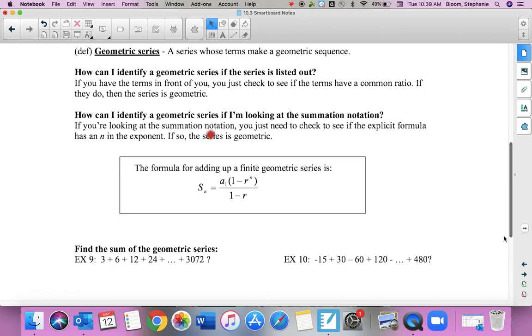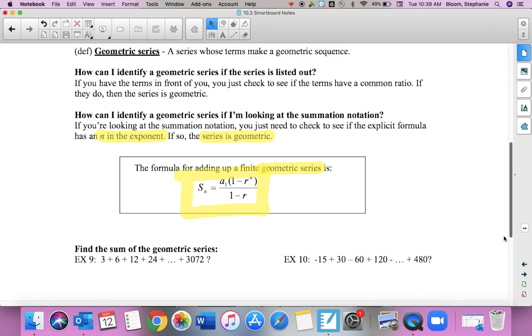If so, the series is geometric. And here is how you find the sum of a geometric series: the sum of n terms is your a1, your first term, times 1 minus the common ratio raised to the number of terms, all over 1 minus r.